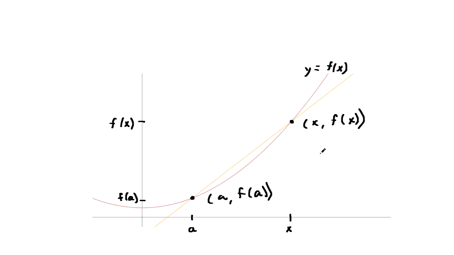If we do that, we get f of x minus f of a divided by x minus a. This is by the slope formula.